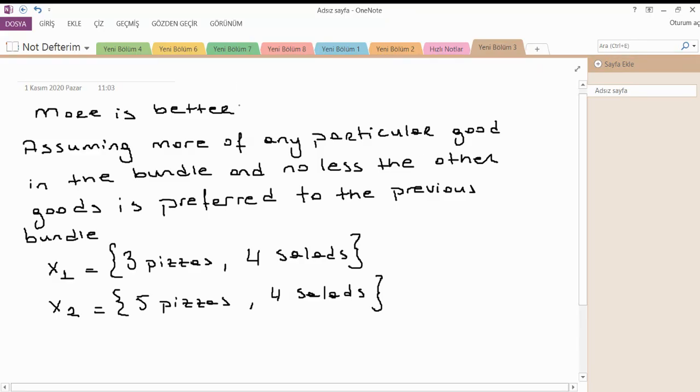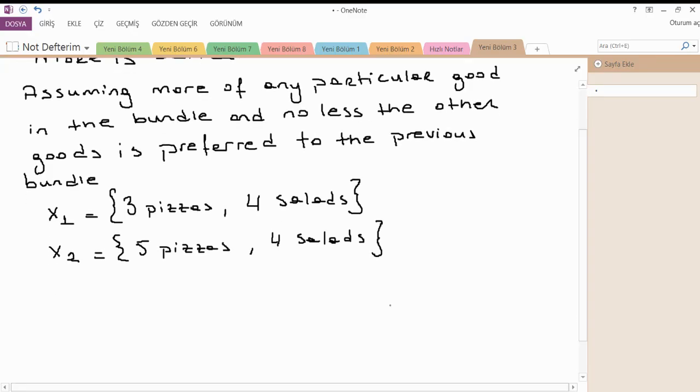We said that it is an implicit assumption because with this assumption we will be able to draw indifference curves, okay? According to this assumption, the X2 bundle is going to be preferred to the X1 bundle because, as you see, for one particular good here, pizza, more of this pizza and no less of salads will always be preferred to the previous bundle. So one individual is going to choose X2 always according to this assumption.